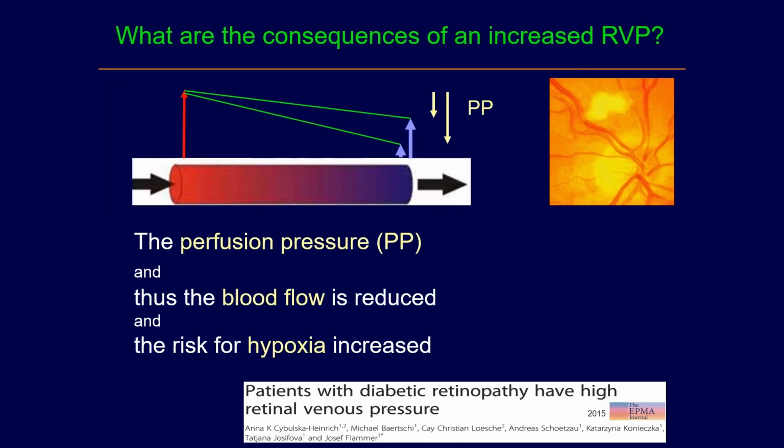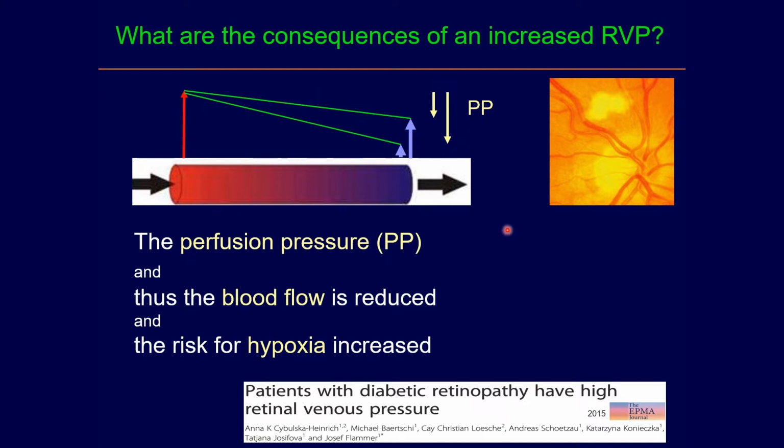But what happens if the retinal venous pressure is increased? This picture here symbolizes the blood flow in the retina. Here at the entrance to the eye we have the arterial pressure. And here at the exit of the eye, the venous pressure. The difference is called perfusion pressure, and the resulting pressure gradient drives the blood flow.